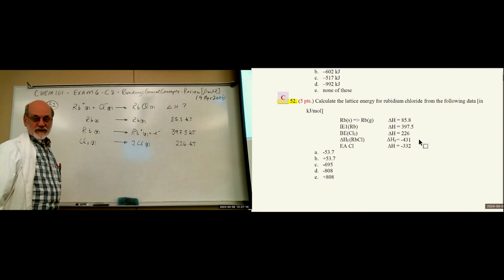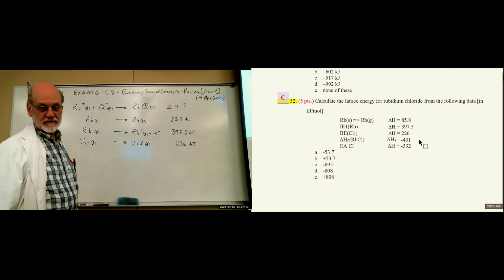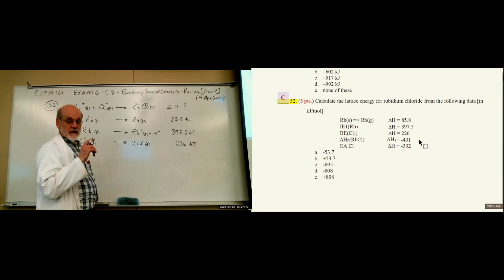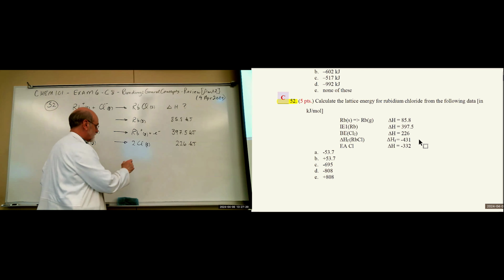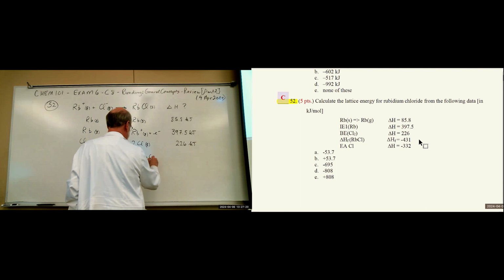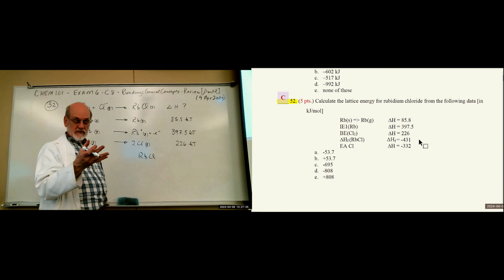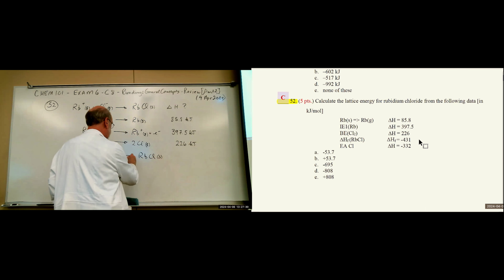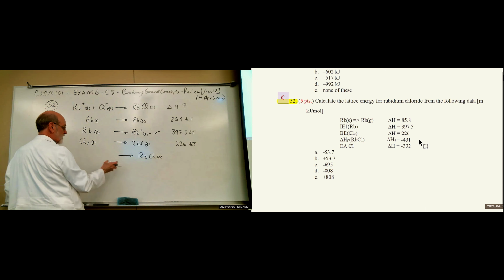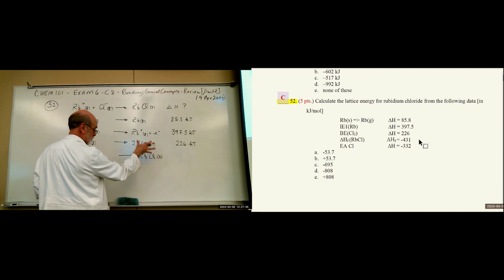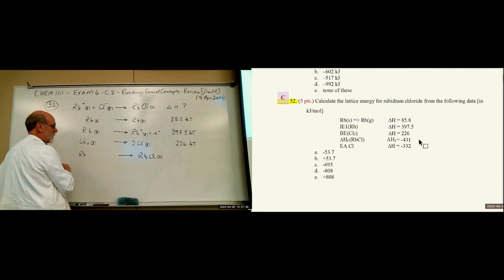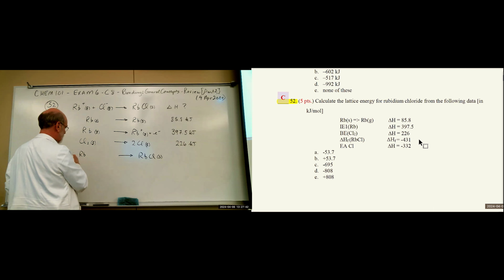Okay, delta HF, heat of formation. Right, remember how to do the formation? You start with the compound as a product. RbCl in its most stable form is a solid. Right? It's an ionic compound. And then you work backwards. You say, how many of these do we need? Well, that's a +1, that's a -1, so that's good. So we got the most common form of rubidium at atmospheric.